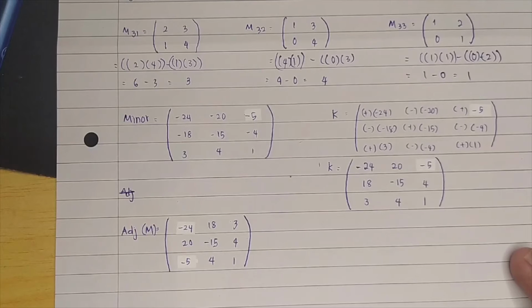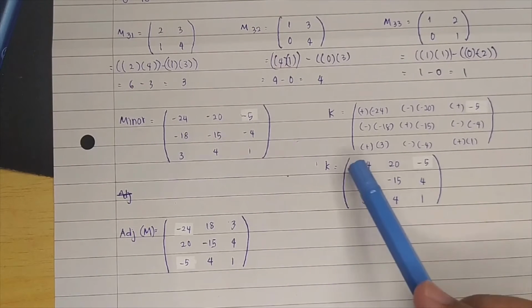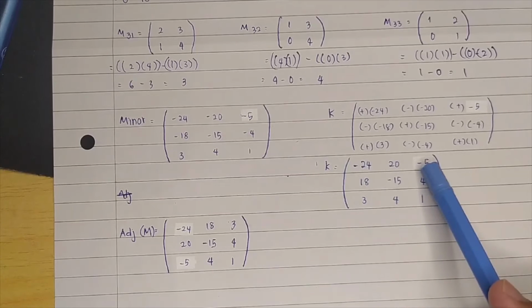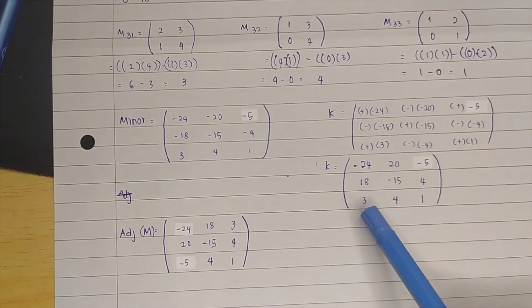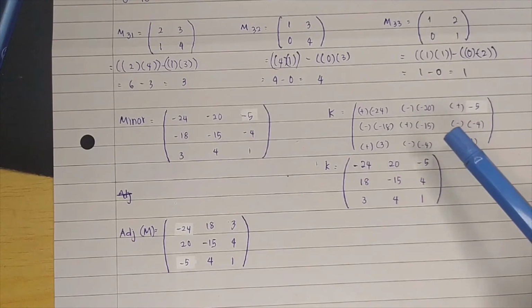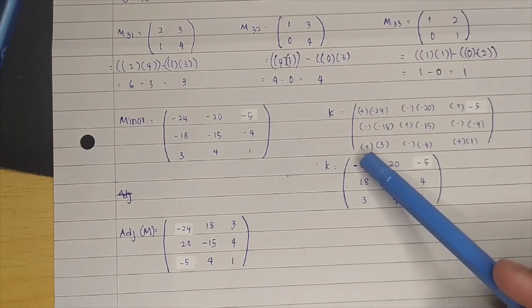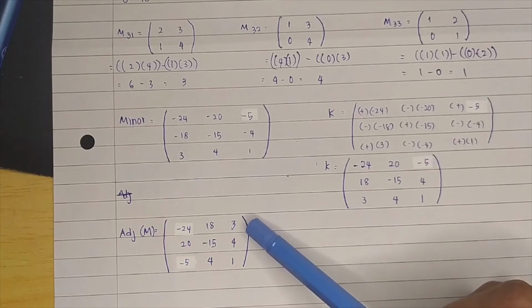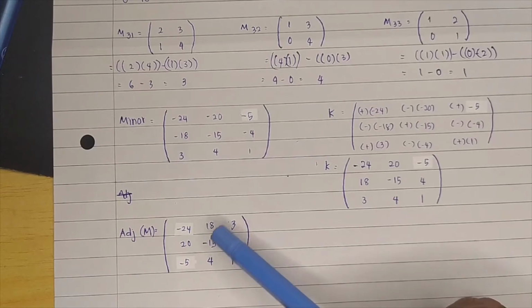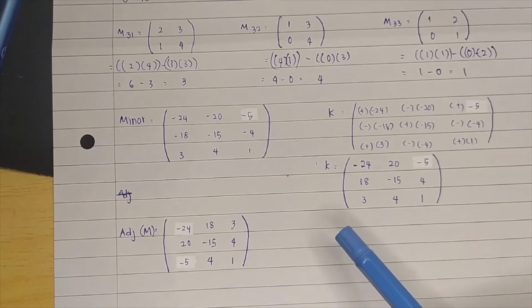From the cofactor, the row goes to the column, so the answer will be negative 24, 20, negative 5. The column goes to the row, so the answer will be negative 24, 18, and 3.